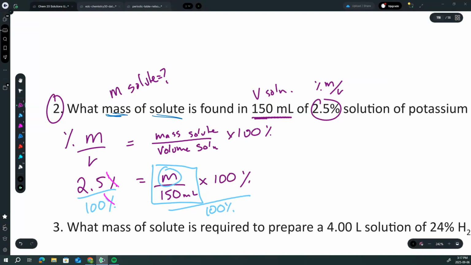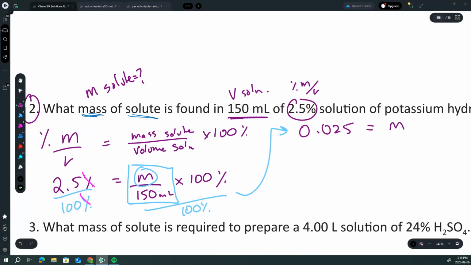Let's scooch this up here. So 2.5 divided by 100 is going to give us 0.025 equals mass divided by 150, and that's 150 milliliters.